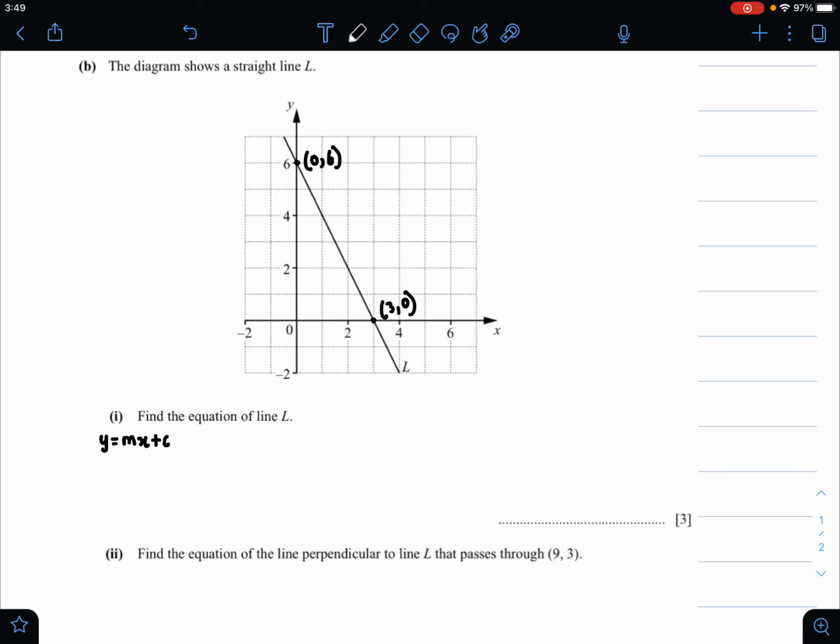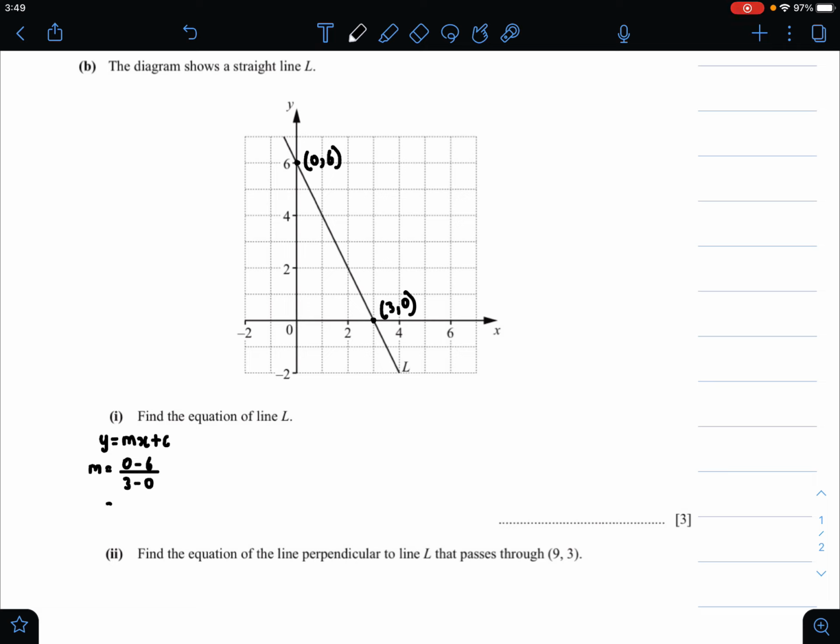To find the value of m, we will use the formula y2 minus y1, divided by x2 minus x1. So y2, which is 0, minus y1, which is 6, divided by x2, which is 3, minus x1, which is 0.